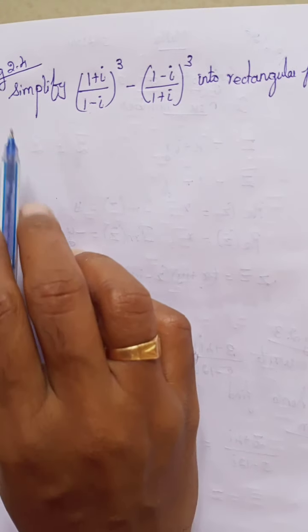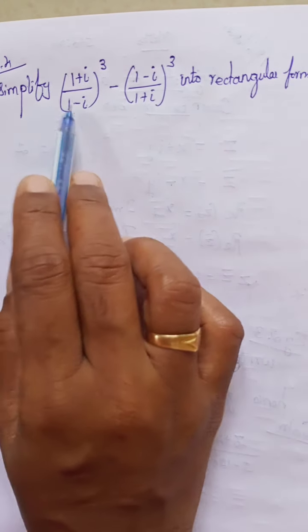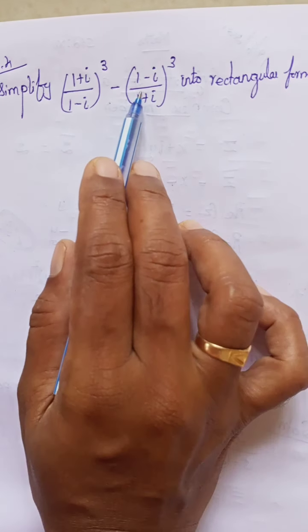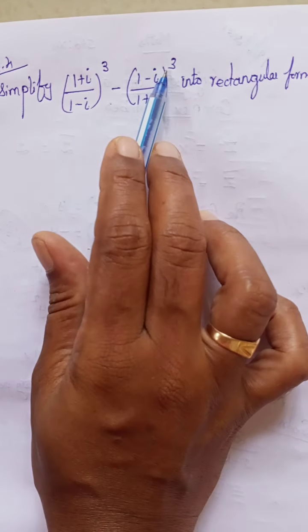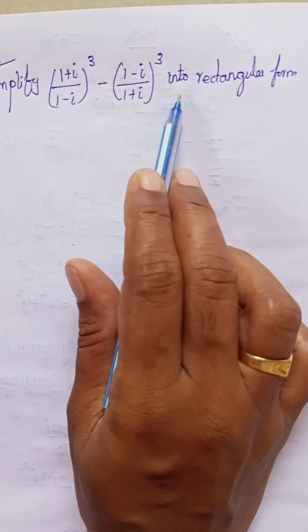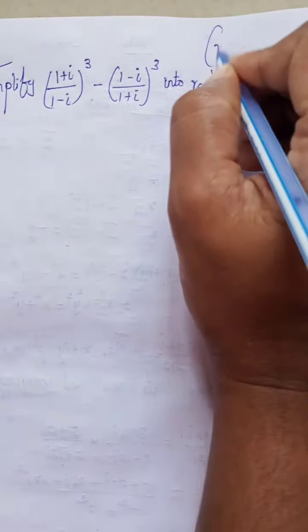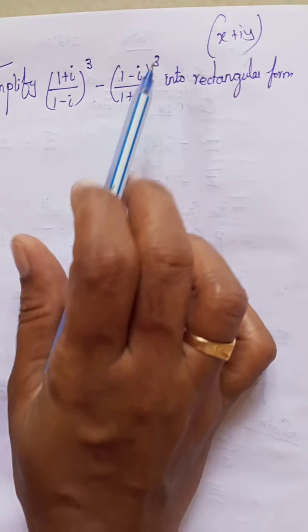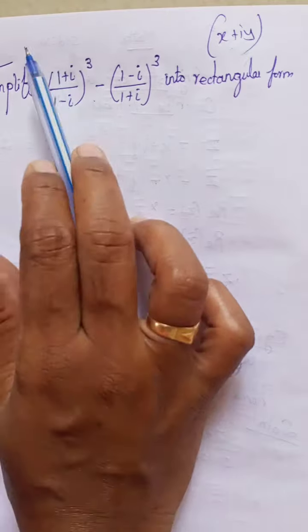Say example 2.4. Simplify 1 plus i by 1 minus i the whole cube minus 1 minus i by 1 plus i the whole cube into rectangular form. Rectangular form is nothing but x plus iy form. See this, 1 plus i by 1 minus i, and this is the reciprocal of this, isn't it?